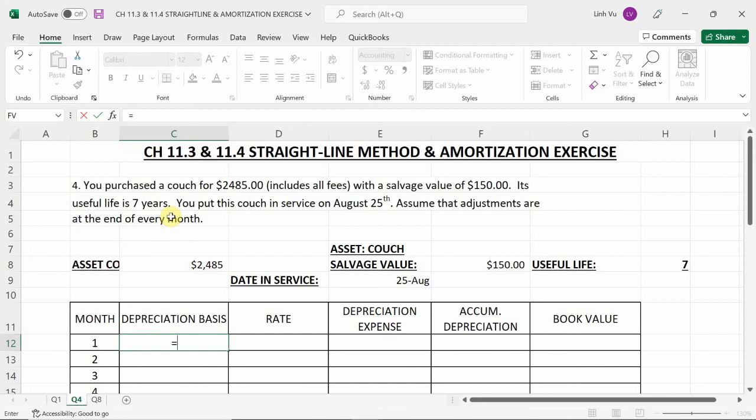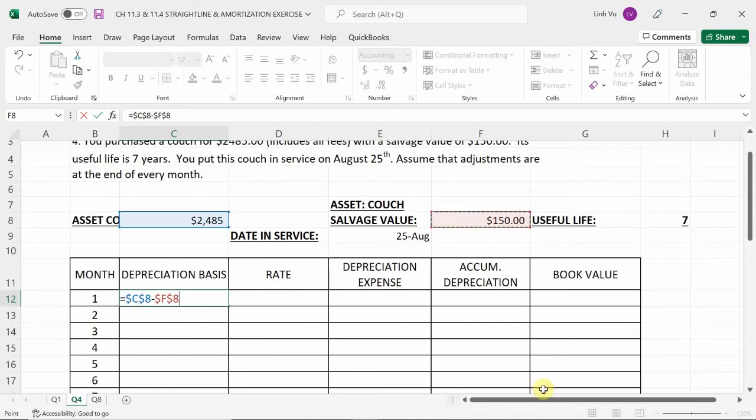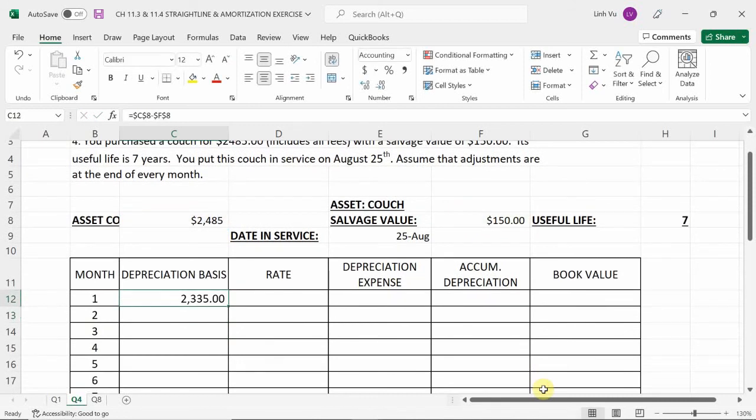You subtract. So it's going to be your asset cost, and you need to subtract your salvage of 150. So now, what is your depreciation basis? $2,335. Okay, good.